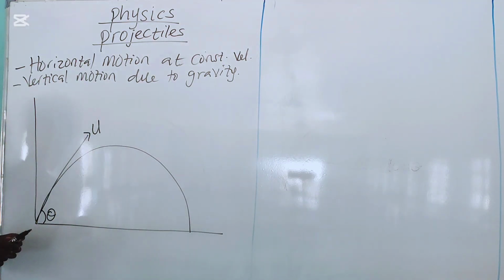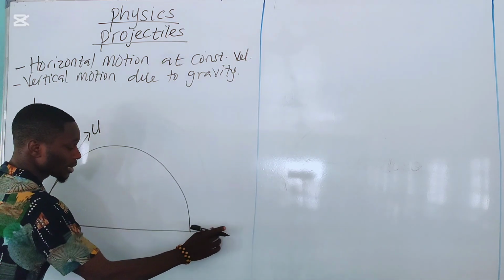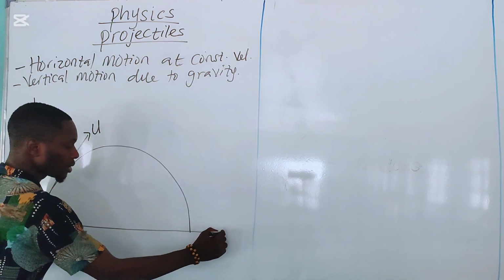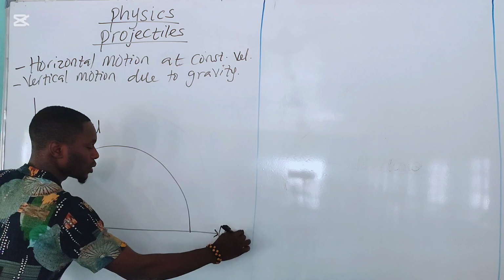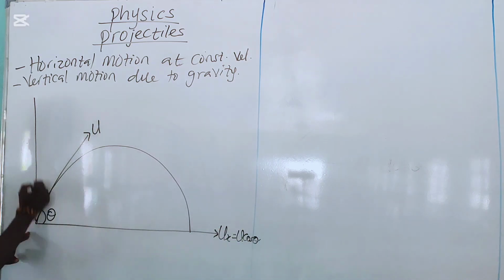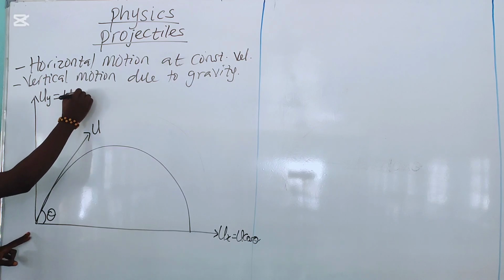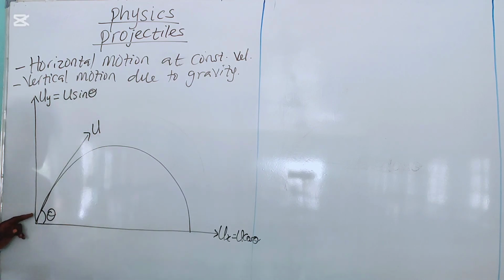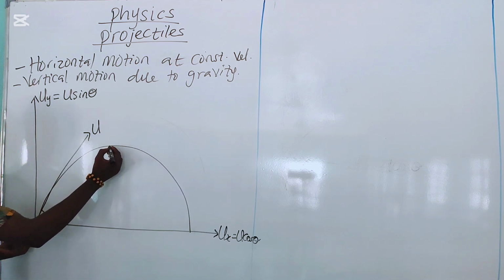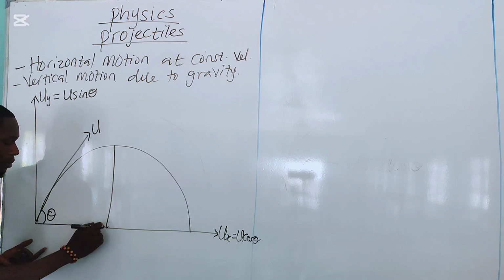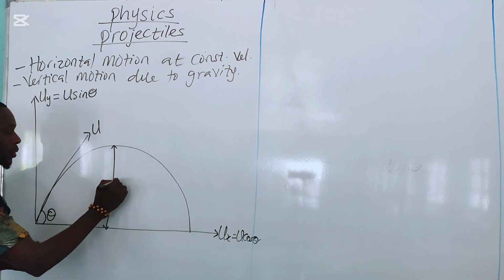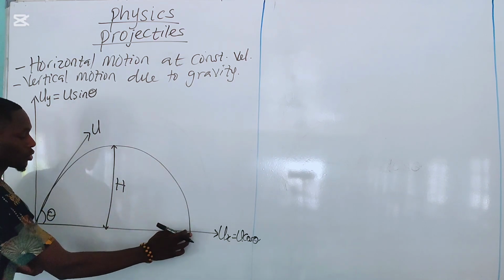So the projectile has two independent velocities: the horizontal component, ux, which is u cos theta, and the vertical component, uy, which is u sine theta. The projectile keeps moving upward and reaches a maximum height, let's call this point the maximum height h, and then returns to the ground.